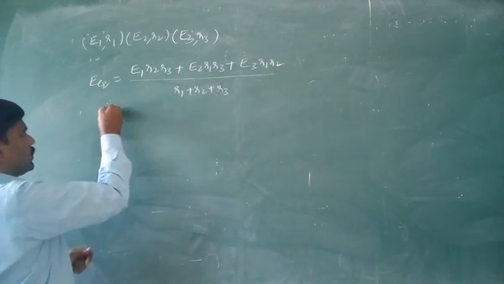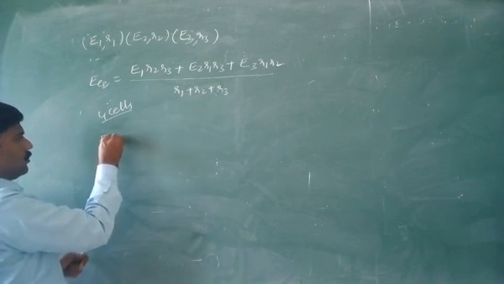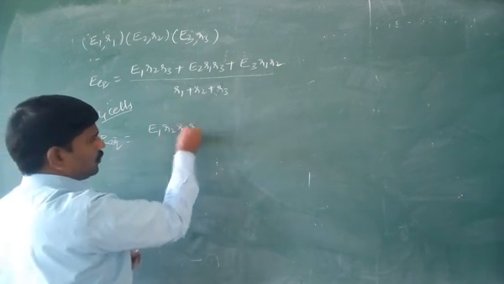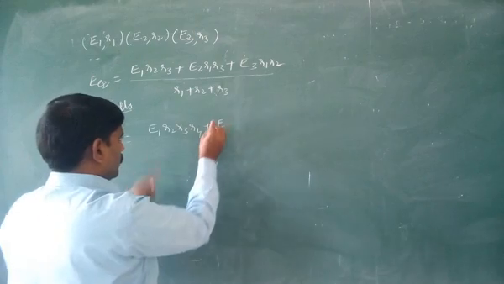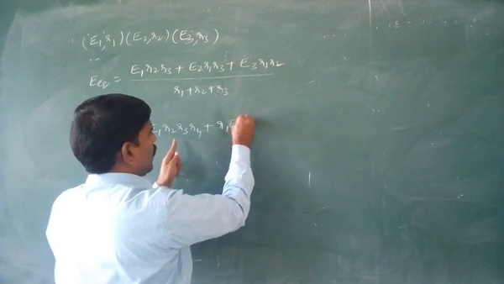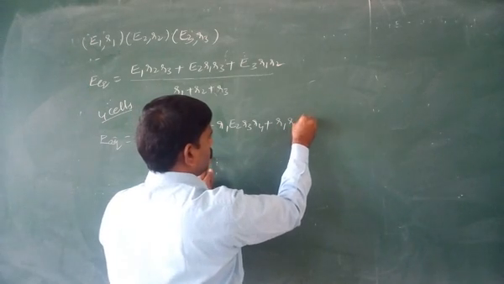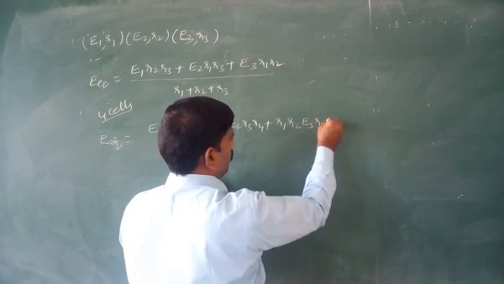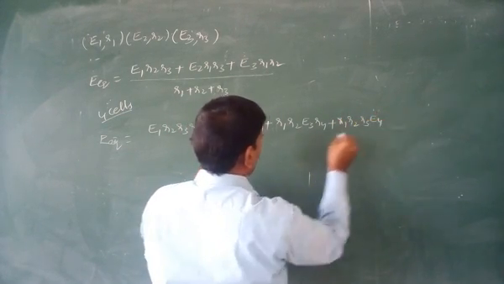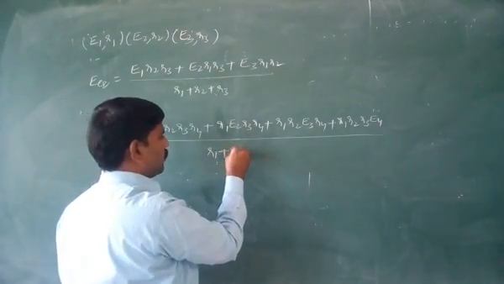When we are taking 4 cells, in this situation the equivalent EMF is equal to E1 R2 R3 R4 plus R1 E2 R3 R4 plus R1 R2 E3 R4 plus R1 R2 R3 E4, whole by R1 plus R2 plus R3 plus R4, and so on.